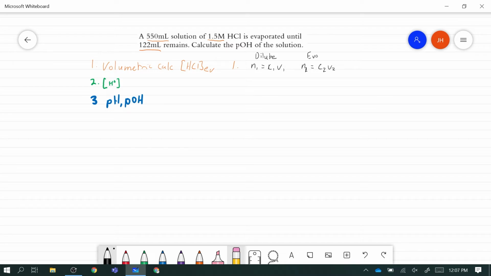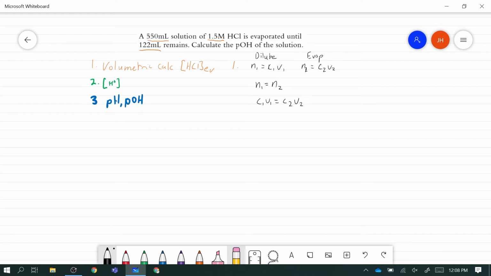Now, an assumption that we should be able to make is that if we have a hydrochloric acid solution and all that's left the container, the solution itself, is water, then n1 should be equal to n2. We can equate then our dilute formula and our evaporated formula here, and write down instead that we have C1 V1 being equal to C2 V2.